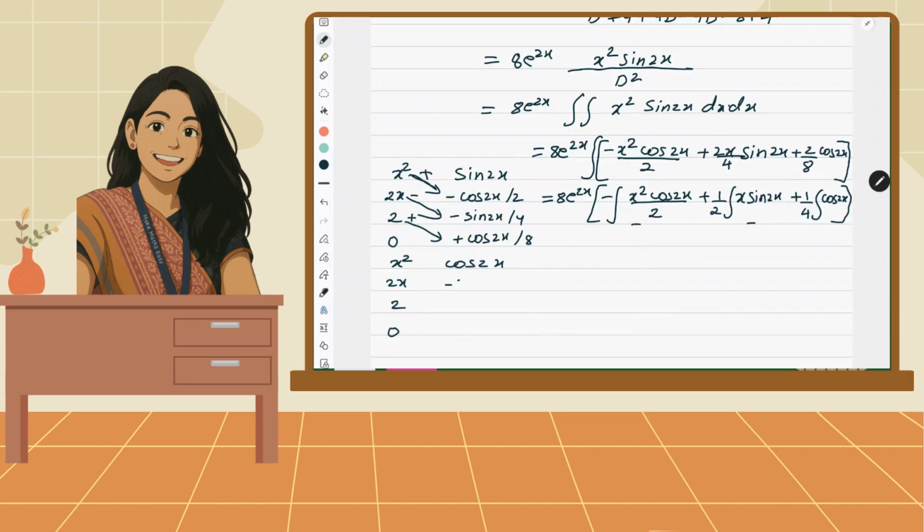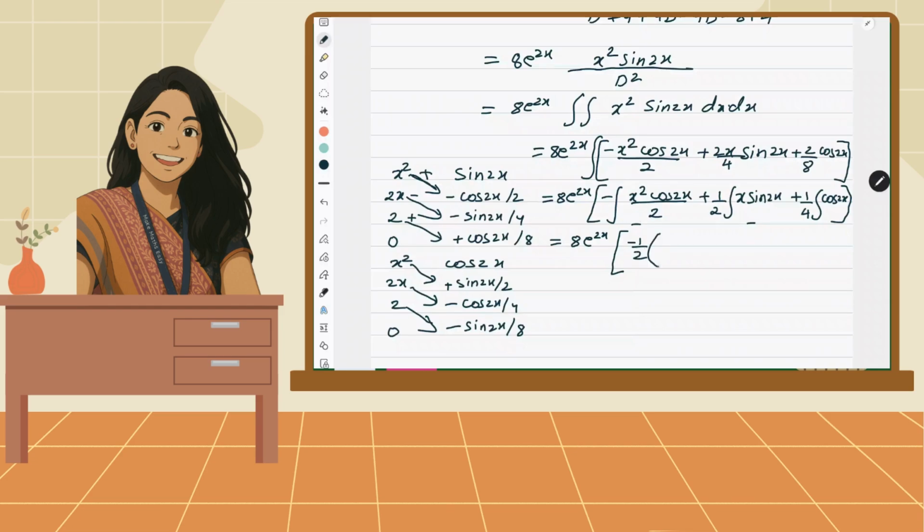So this will be plus sine 2x upon 2, minus cos 2x upon 4, minus sine 2x upon 8. Make the cross lines. Right? So now what will you get? Let me write down here. 8 e to the power 2x is outside. Now the first bracket, remember it is minus 1 by 2 outside.